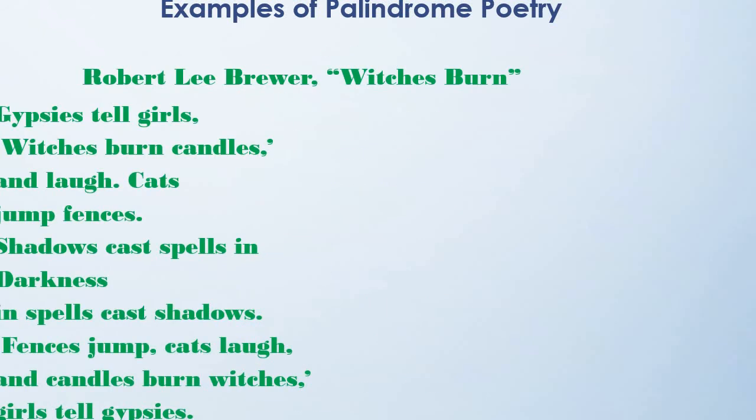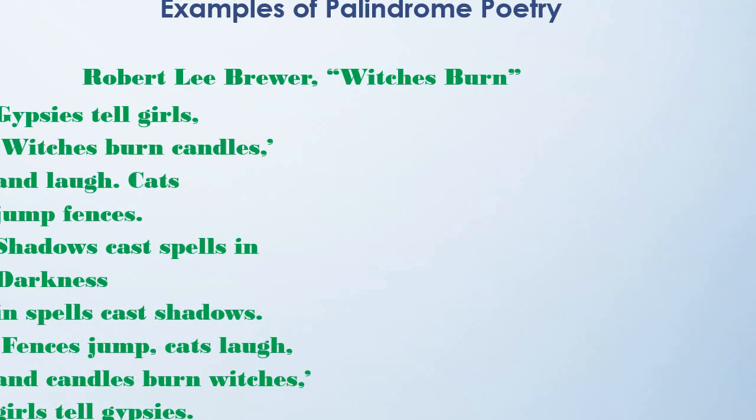Here is another poem, which is also an example of palindrome poetry, written by Robert Lee Brewer, and the poem is named Witches Burn. Gypsies tell girls witches burn candles and laugh.